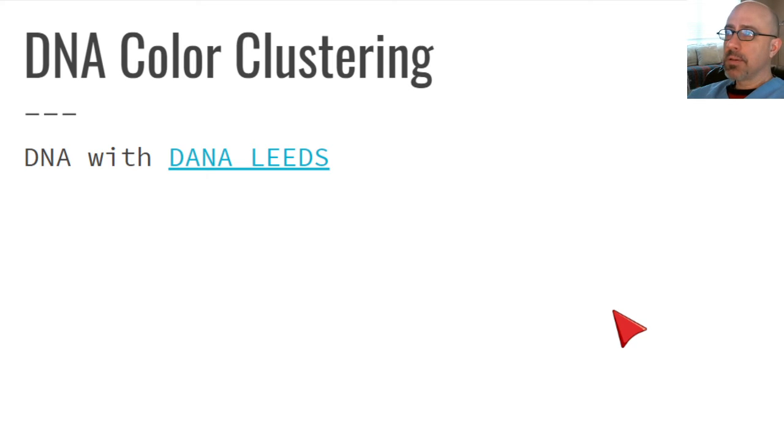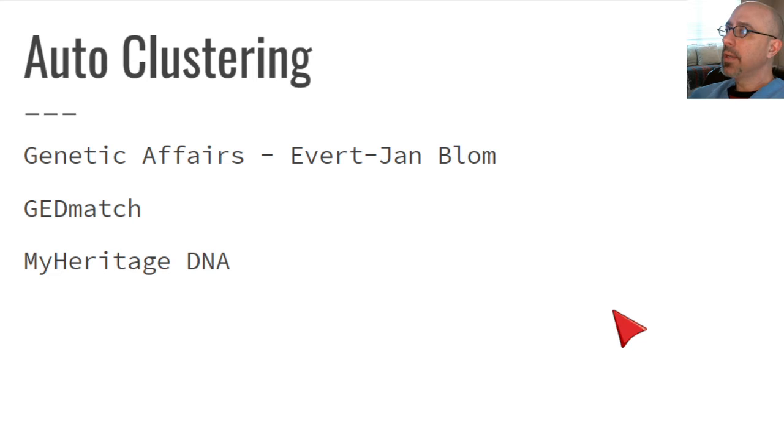If you really want to take match list analysis to the higher levels, you can seek out information from Dana Leeds. Dana Leeds has put out a lot of good information about how you can use match list analysis to the best effect. Similarly, I highly recommend the material that E.J. Blom has put out, if you want tools and websites and resources that automate this process and make it as easy as possible.